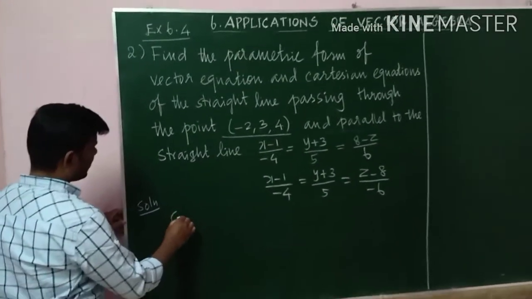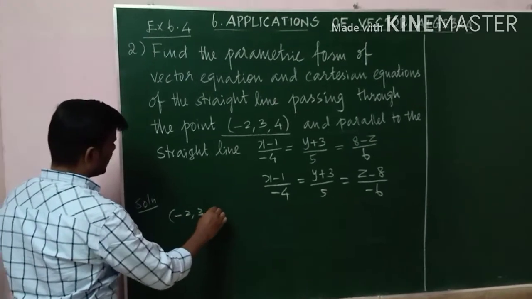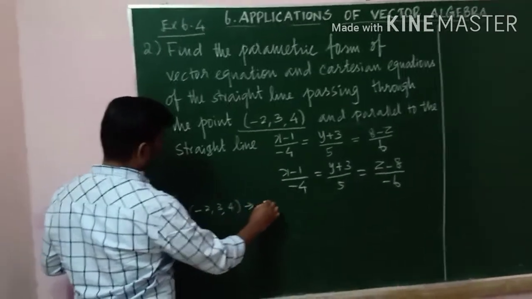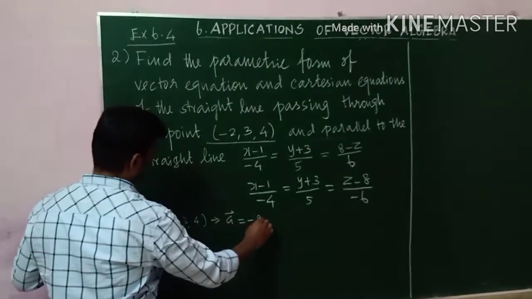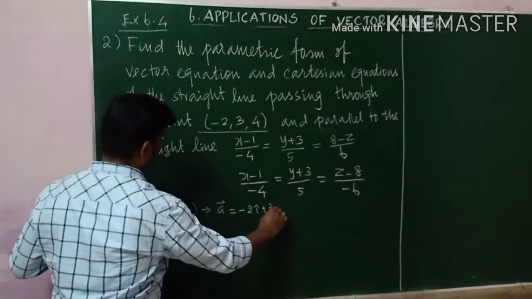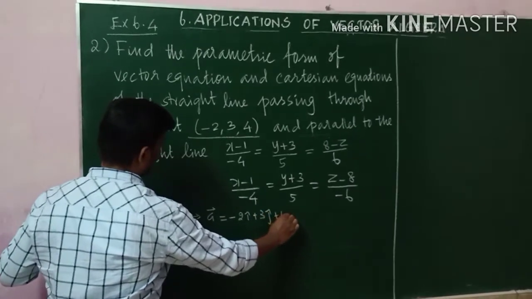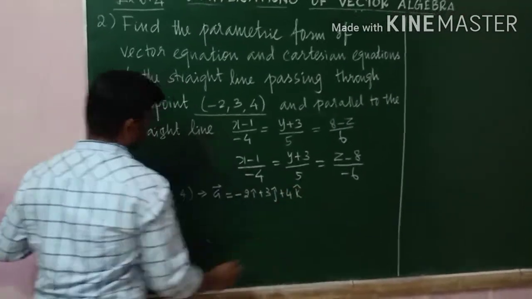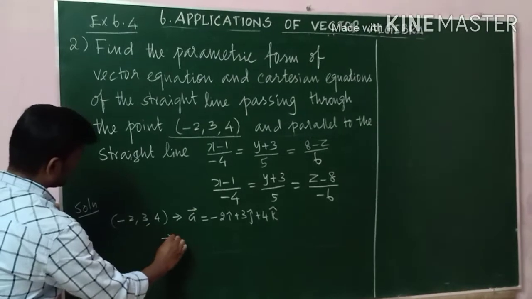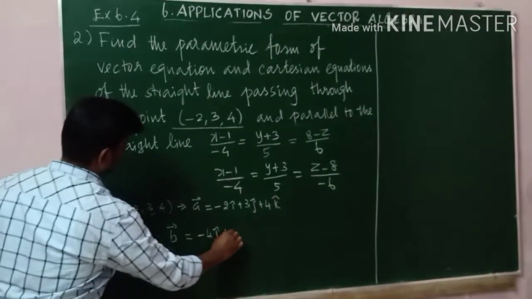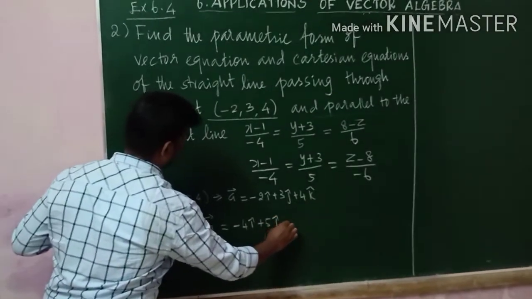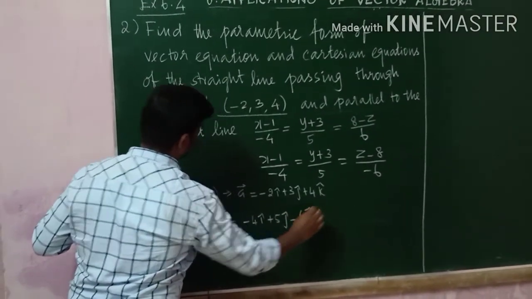What is our given point? Minus 2, 3, 4, whose position vector is the A vector. So A vector we can write as minus 2i cap plus 3j cap plus 4k cap, and the parallel vector B vector is minus 4i cap plus 5j cap minus 6k cap.